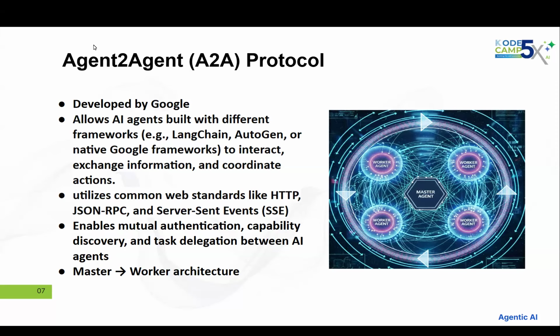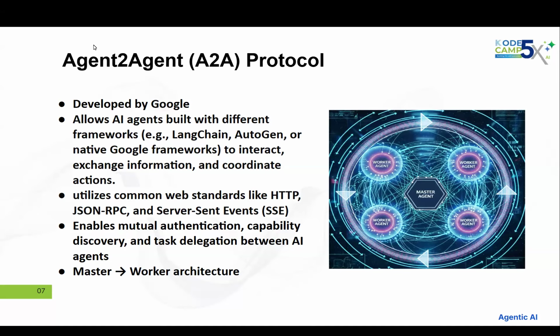I mentioned the OSI reference model, and then there's TCP/IP that is mostly used. Even this class we are having, we are using TCP/IP for the network communication. So that is what is happening in the field of agentic AI today.